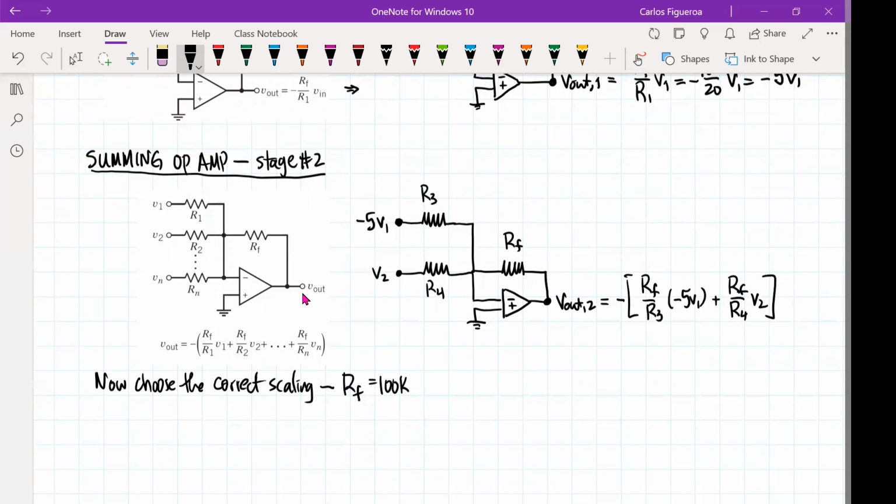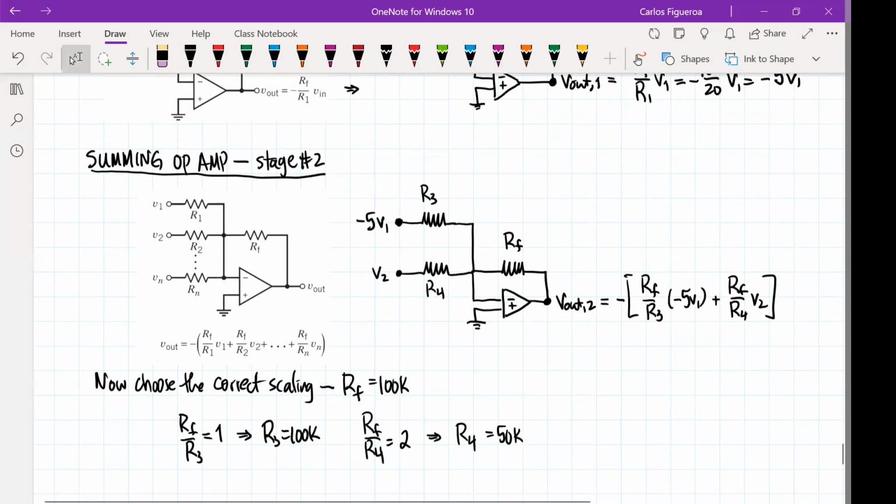So in this case, I want RF over R3 to be 1. So then R3 must be 100K. And then I want the second scaling, RF over R4, to be 2. So that immediately tells me that R4 has to be 50K.